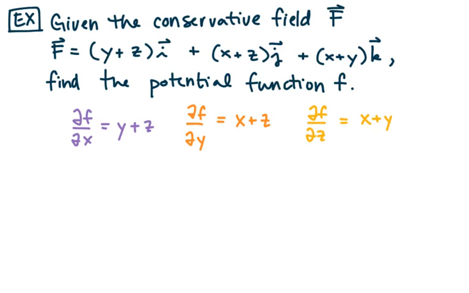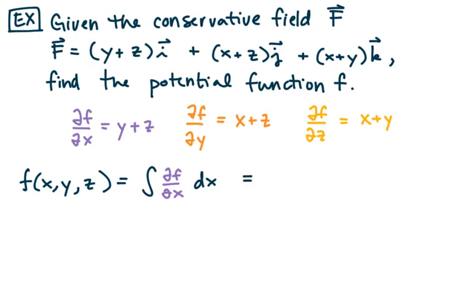So what we're going to do is we're going to start the same way. In this case, we have three starting points. I'm just going to start with partial f with respect to x. And what we know is that my function of x, y, z is going to equal the integral of df dx integrated with respect to x. So that's the same as the integral of y plus z integrated with respect to x.